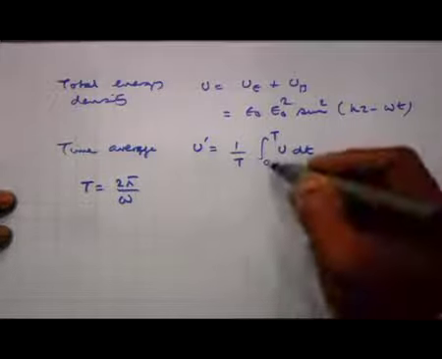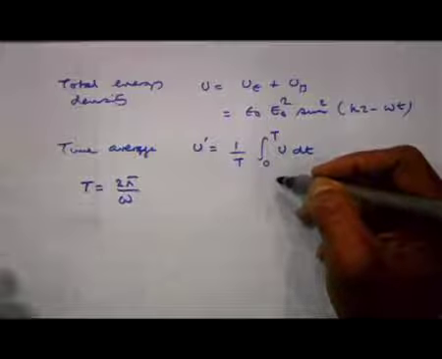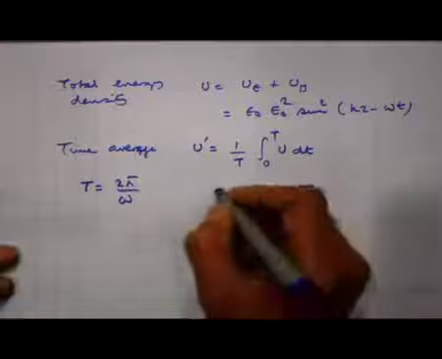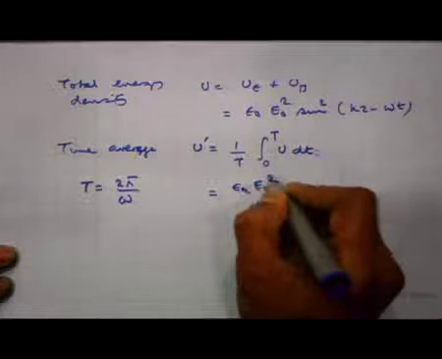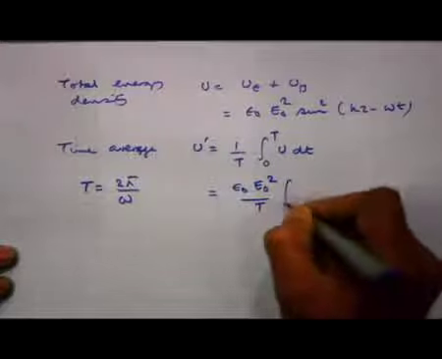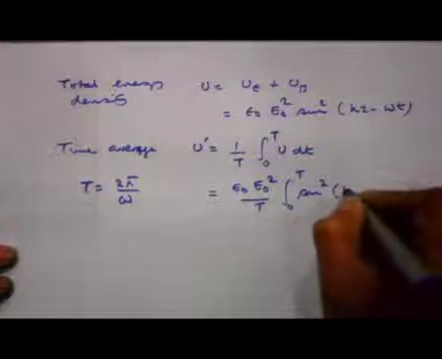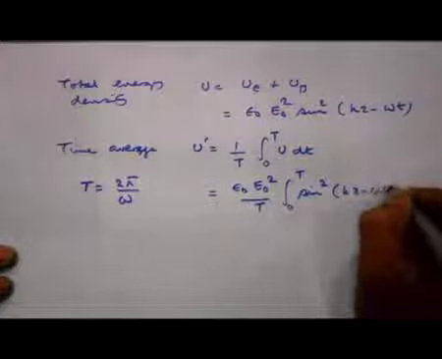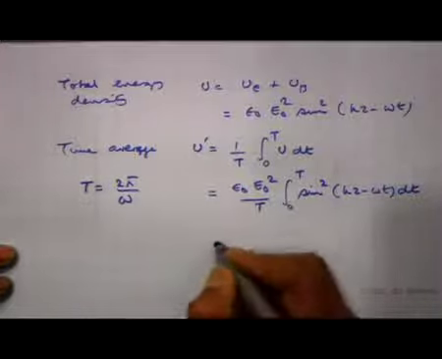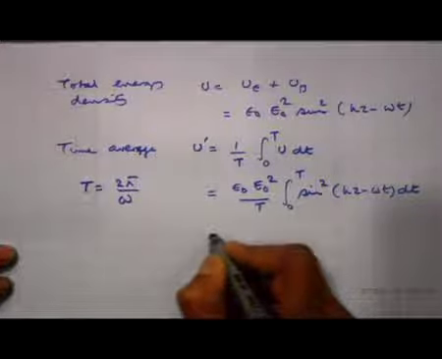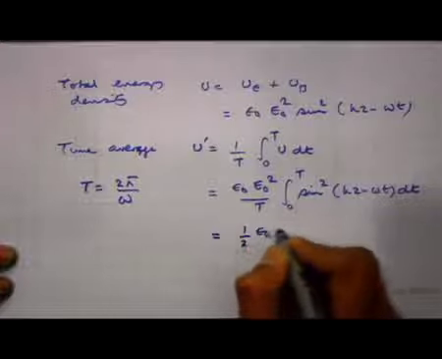To calculate an average, I integrate over a certain region and divide by the width of that region. So, this is equal to epsilon 0 E naught square by T integral 0 to T of sine square (k z minus omega t) dt, with T given by 2 pi by omega, and I leave it as a problem for you to show that this is equal to half of epsilon 0 E naught square.